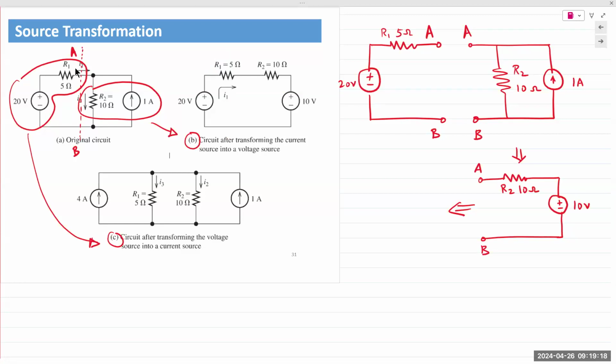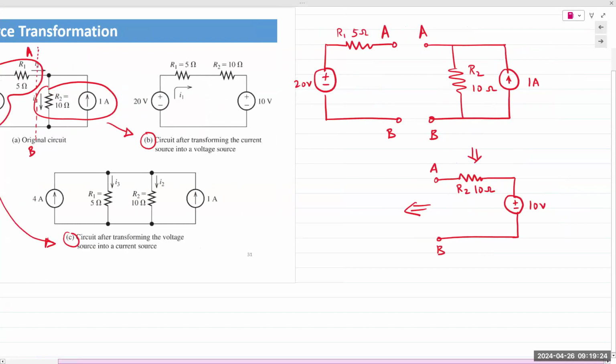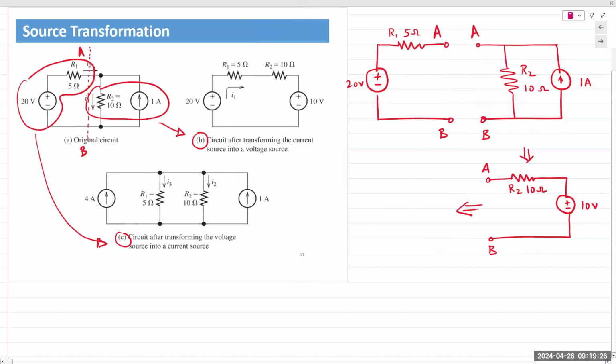So the representation of a voltage source is always in series. I think it goes back to chapter 1. When you model a real life or an ideal voltage source, if you put a resistor in parallel with a voltage source, what is the voltage across that resistor?